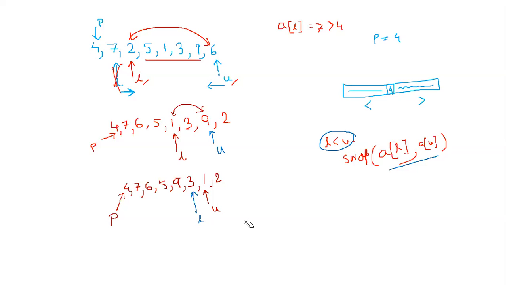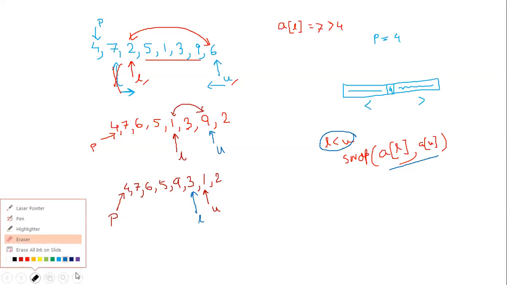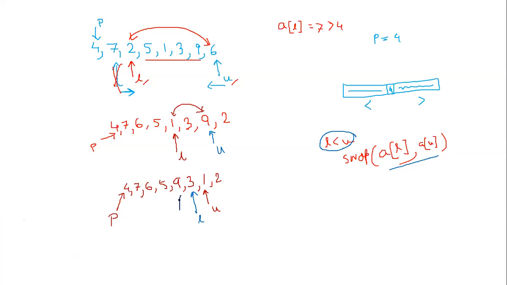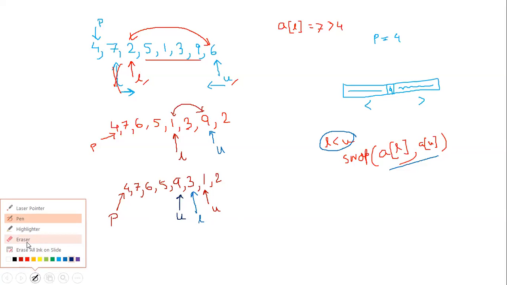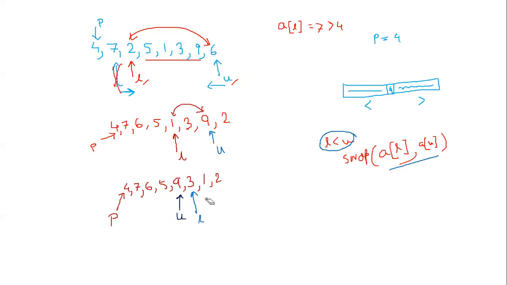That means you can still decrease, and ultimately when U comes here, then A of U will be greater than the pivot element, and it will stop, because when it finds greater, it will stop. Now this situation is different from the previous two situations. The difference is that now L is not lesser than U.